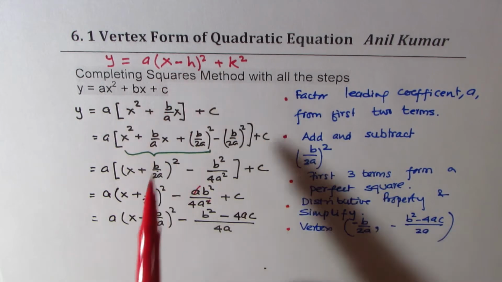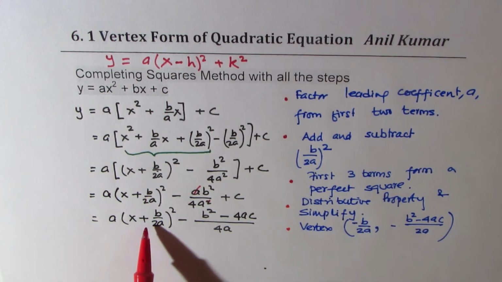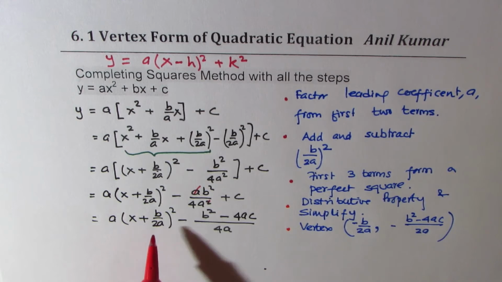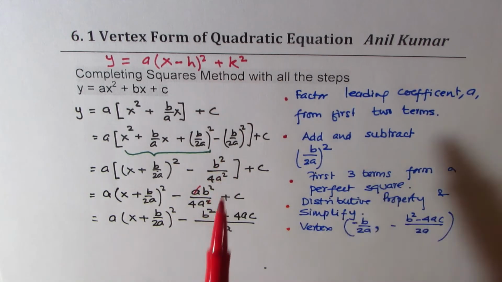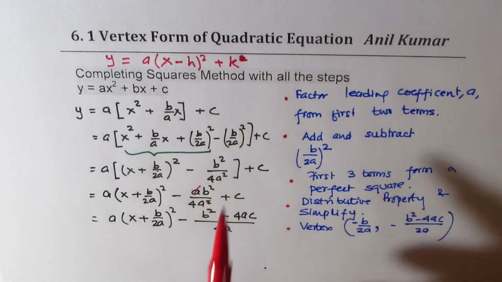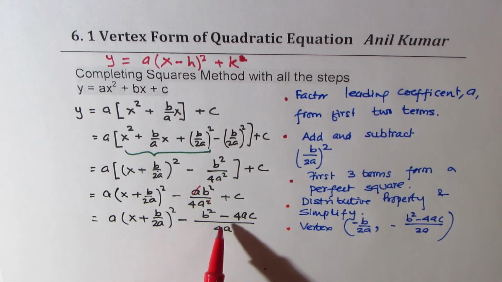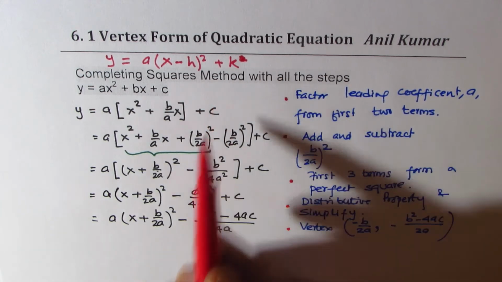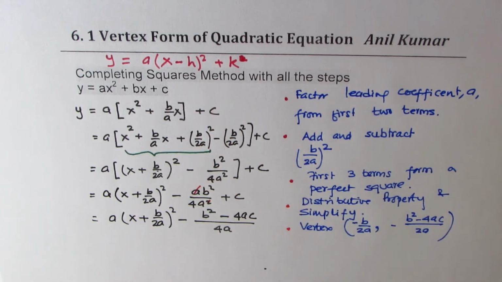So the h value will be minus of this. Do you see that? And the k value is minus b square minus 4ac over 4a by comparison. So that gives you the vertex of this particular equation.